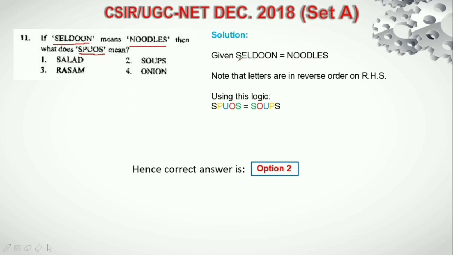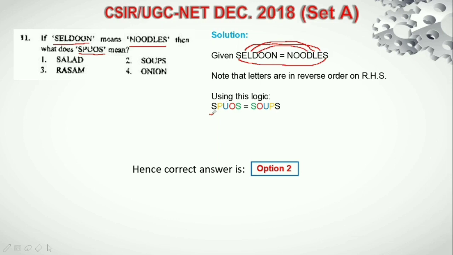That is, the first letter of the given word becomes the last letter of its meaning, as you can see in this diagram. So this means we have to just reverse the order of the given letters to get its meaning.